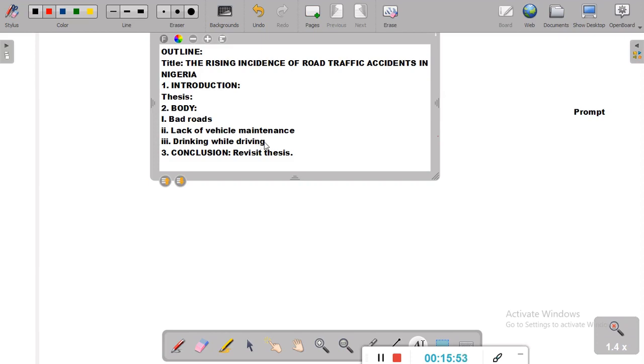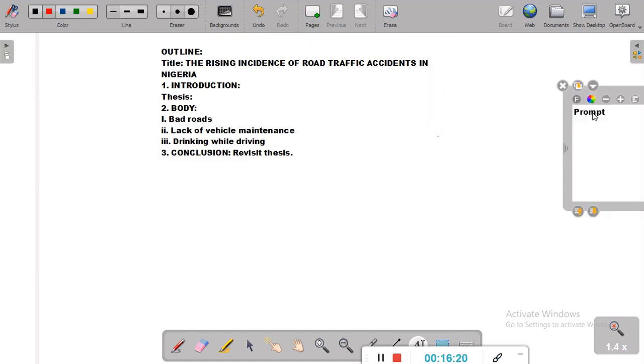With this in mind, we can come up with our thesis. Once we come up with our thesis, we don't have to bother about the point we have to create for our conclusion, because our conclusion will just be an act of re-emphasizing or revisiting the thesis, and we are done with our essay. Now, how do we carve out our thesis?